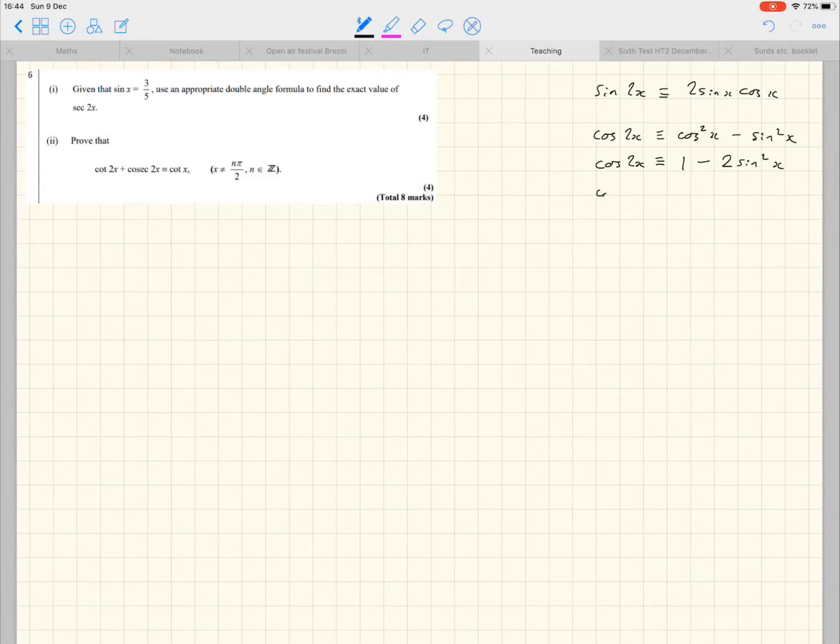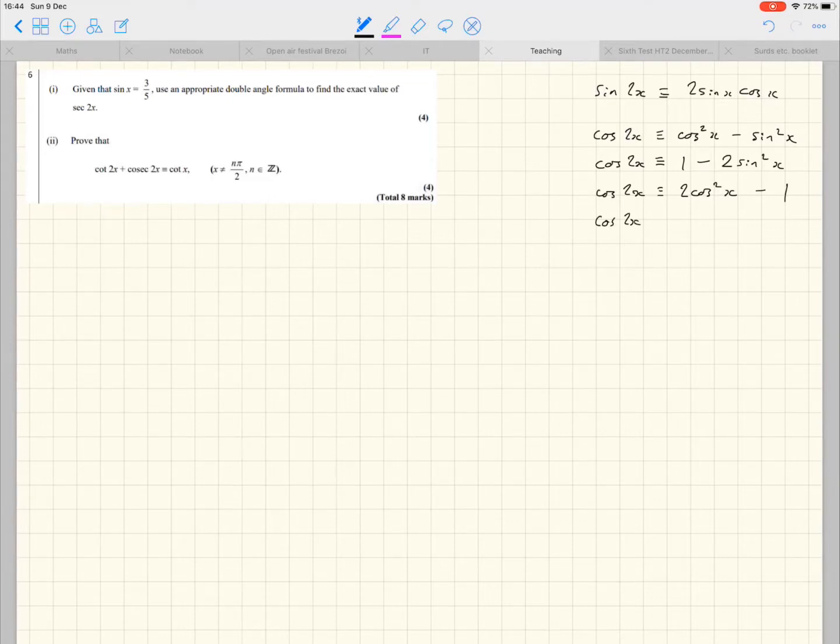Or you replace the sine squared x with 1 minus cos squared x, which gives you 2 cos squared x minus 1. The way I remember which one is 1 minus and which one is minus 1 is, well, we're dealing with the cos double angle formula here, and the cos one has the cos positive on the right hand side. That's just how I remember it.